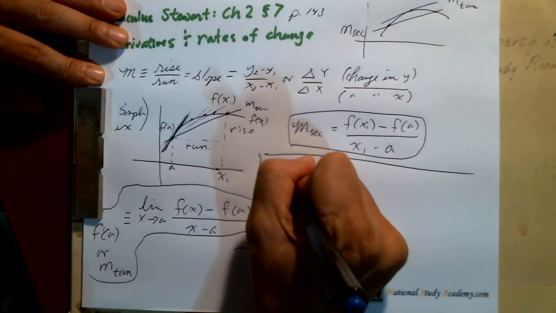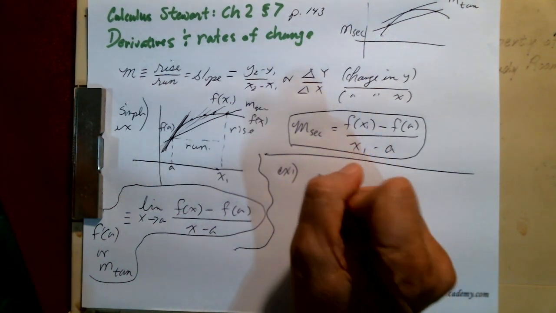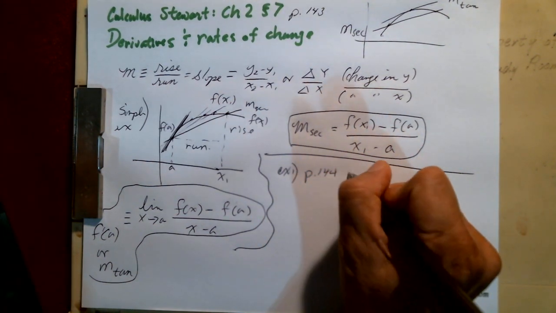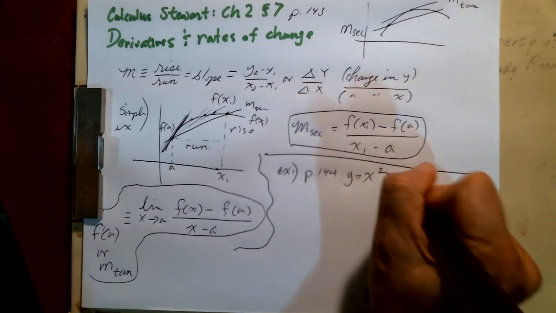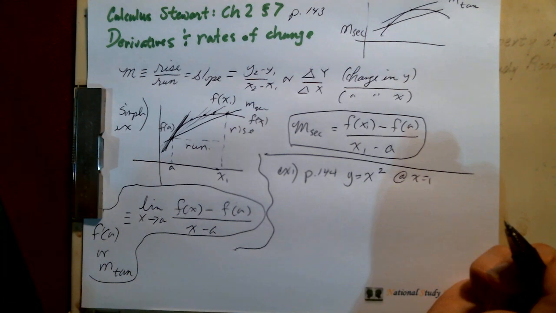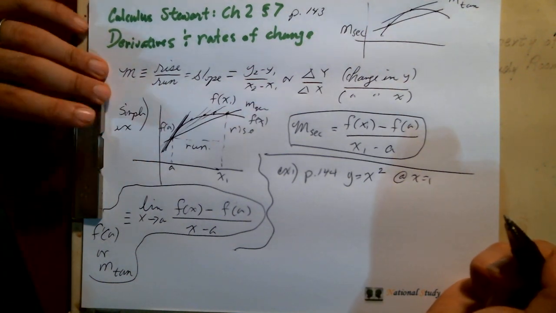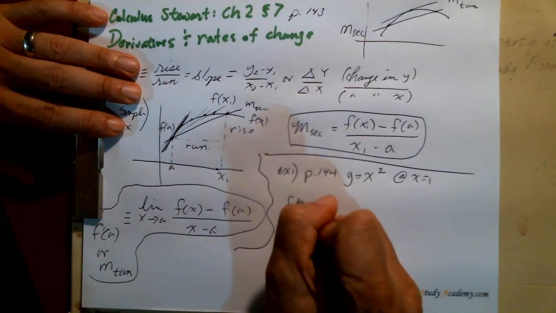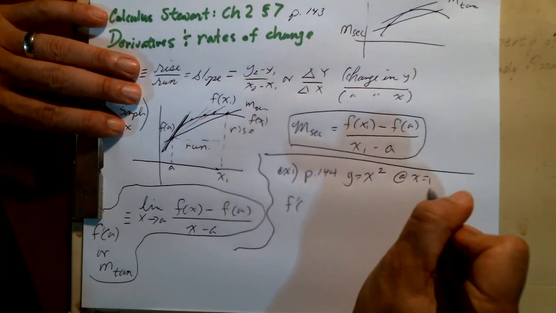Example 1 on page 144. It says that y is equal to x squared at x equals 1. I want you to find the tangential slope. Okay. F prime of 1. This is your a value now.